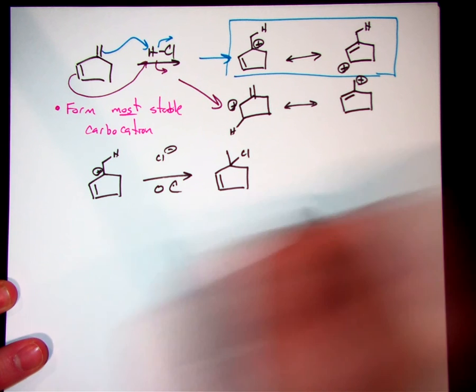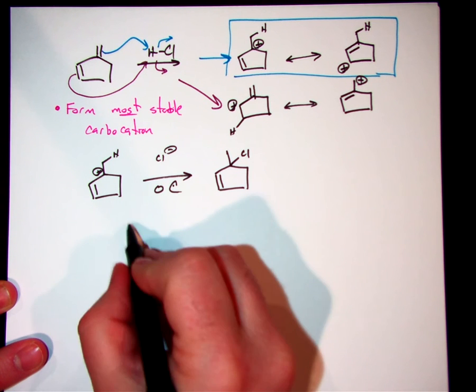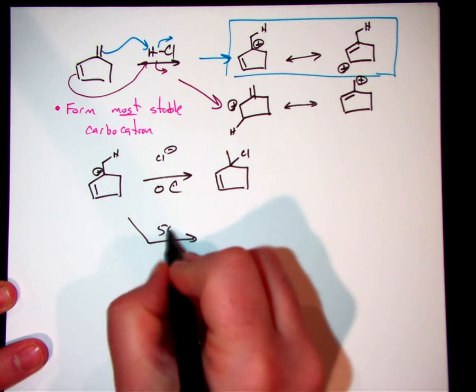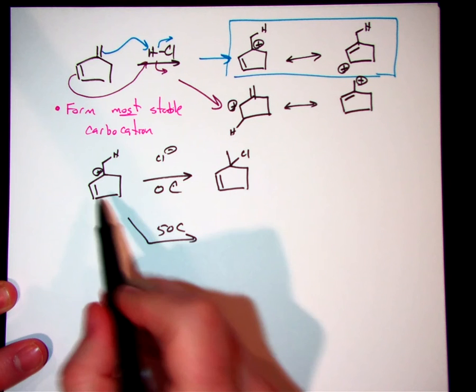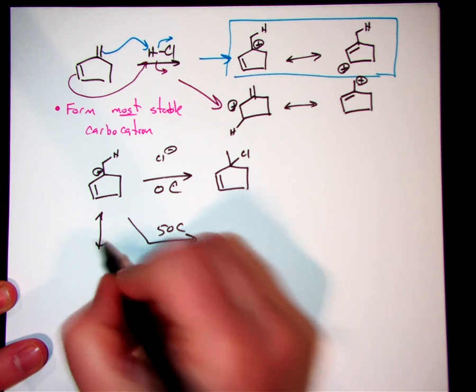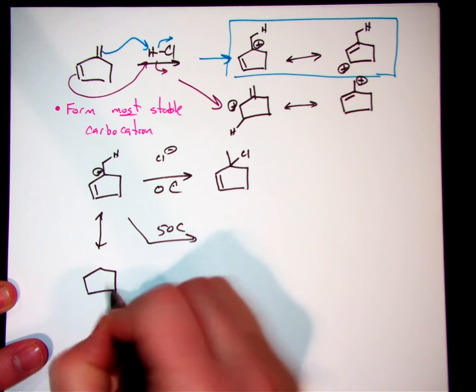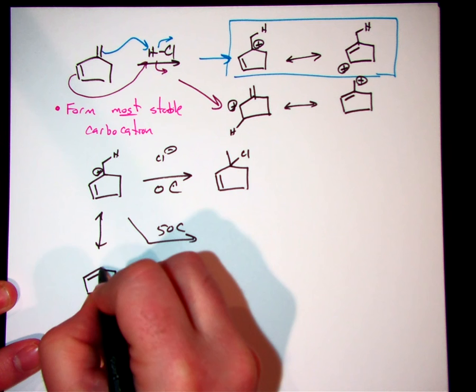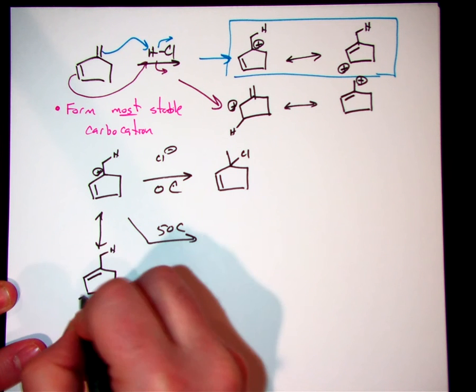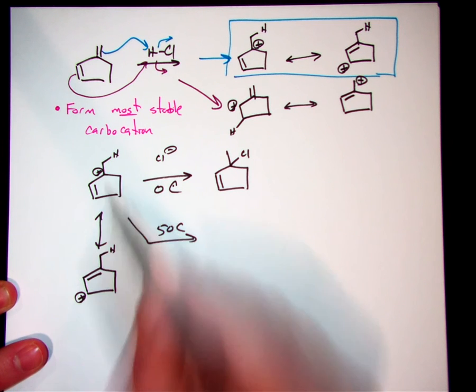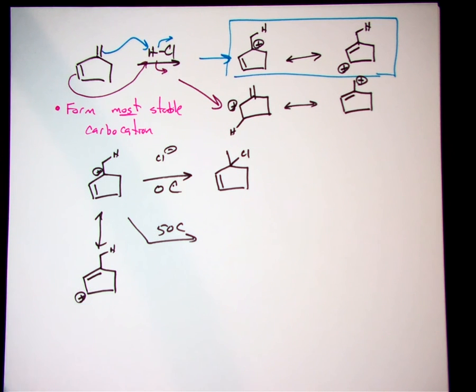Okay. If we run this reaction at 50 degrees, then we need to consider both of the resonance structures that we can draw for that carbocation. Here we have a tertiary, here we have a secondary, but more importantly, here we have a tri-substituted alkene.